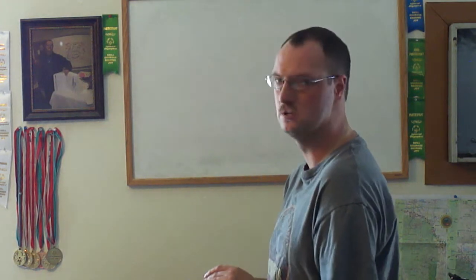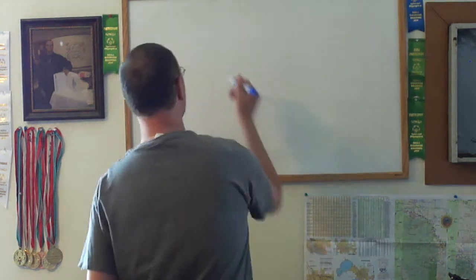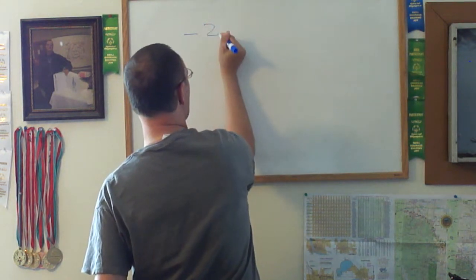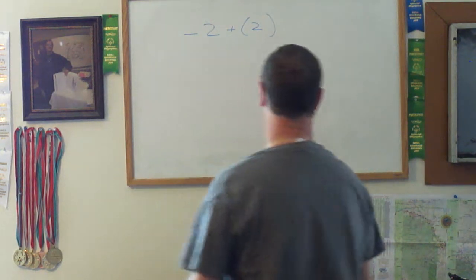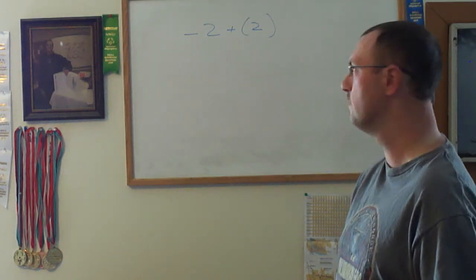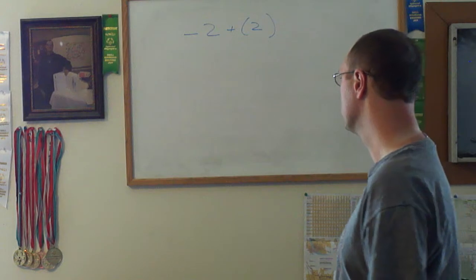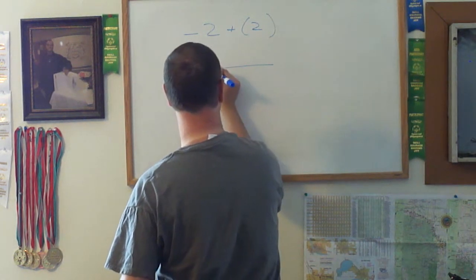So let's begin with the integer stuff. If I were to say negative 2 plus 2, what is the easiest way we can find out? The number line.